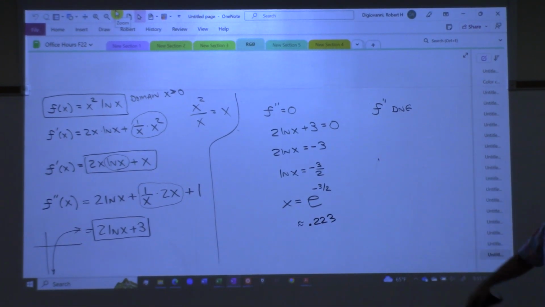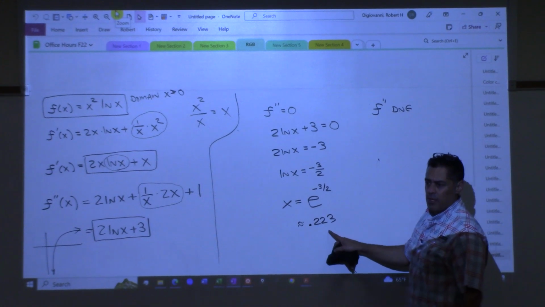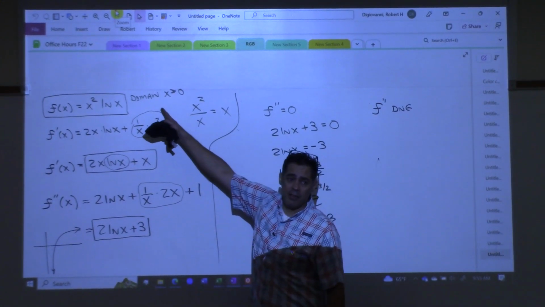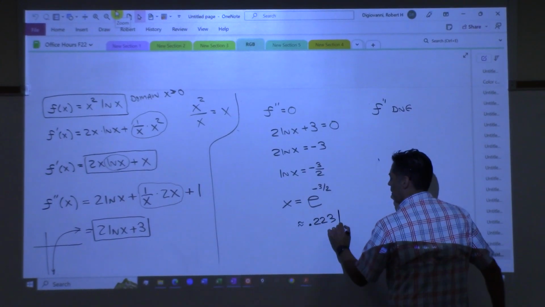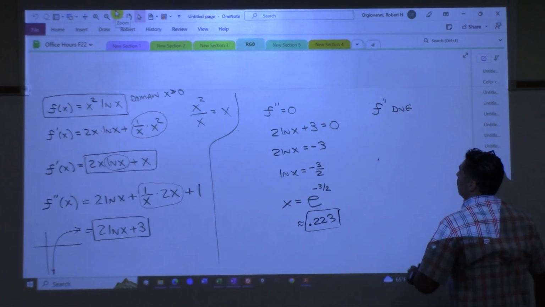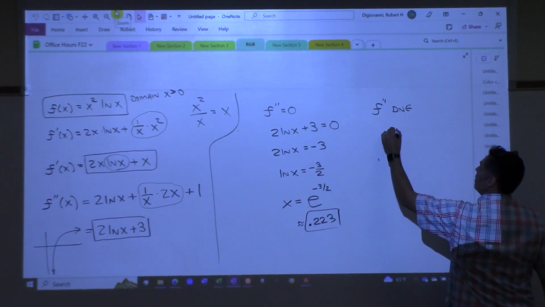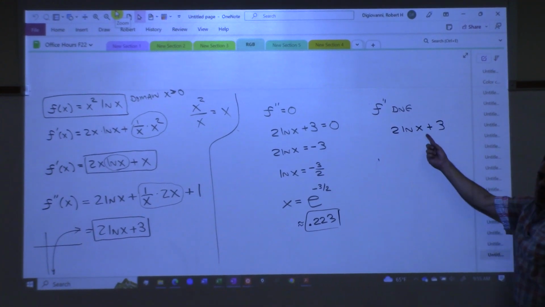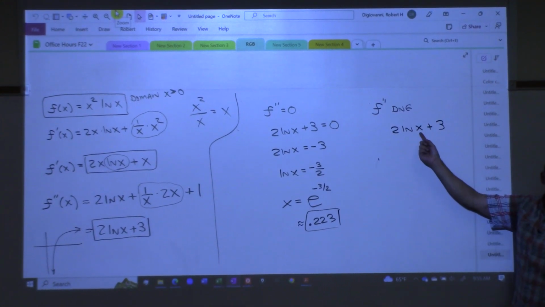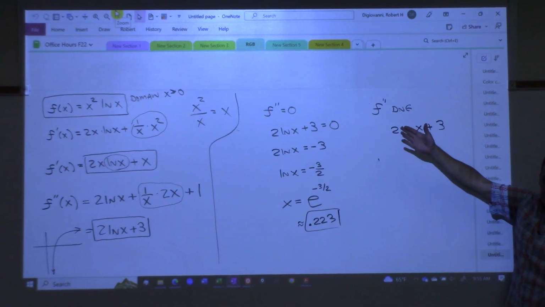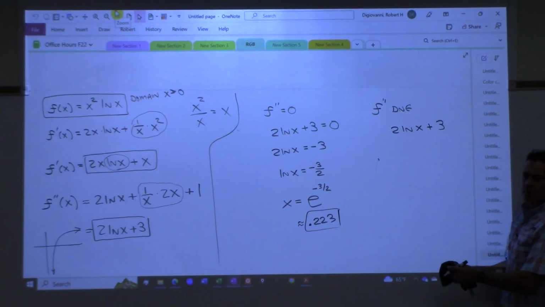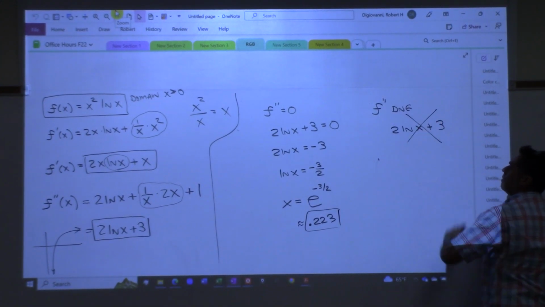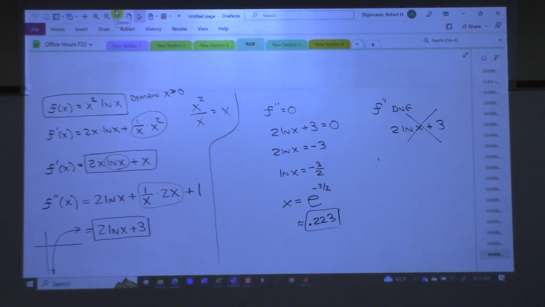We'll verify all this when we look at the graph in a minute. All right, and that definitely lives, it's a positive number. Domain of this is positive numbers, so this is a critical number for sure. And then what about where it doesn't exist? Any issues here? Well, again, the x has to be greater than 0, but that's already our domain restriction, so we have nothing from this. So we only have one critical number.